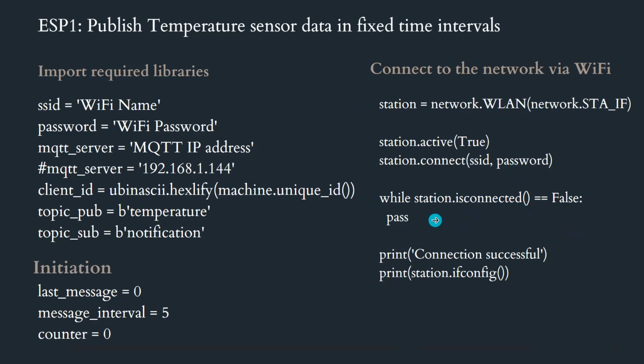Until it is getting connected, this while loop will run. It says that if the station is connected is false, that means the ESP is not connected, then the while loop will run, until the connection is made.